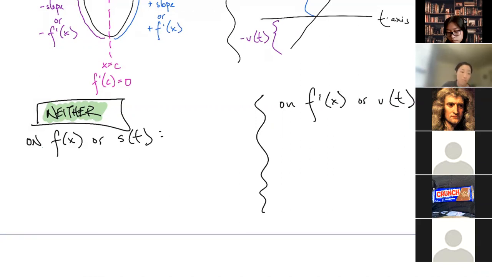And on the original graph, it looks exactly like what we sketched up there. You might have a case where it goes like this: positive slope, zero slope, positive slope. And so our x equals c would be right here. And you'll notice that we've got positive slope and positive slope.